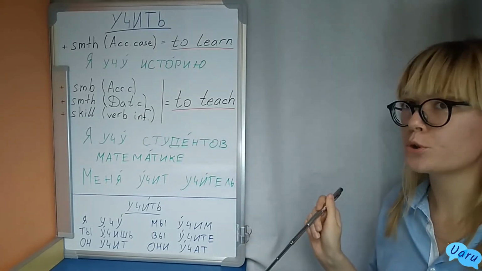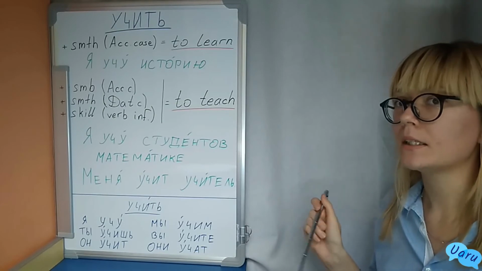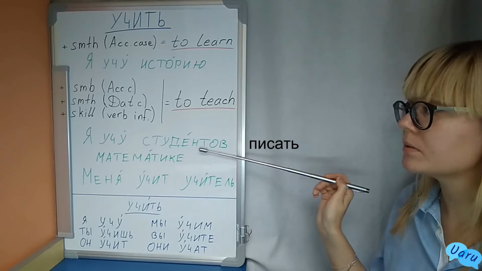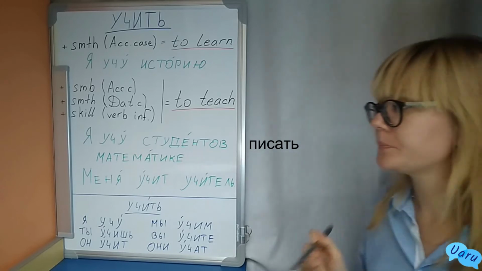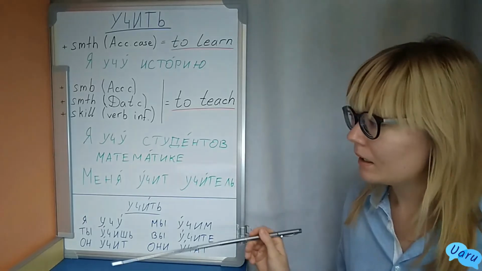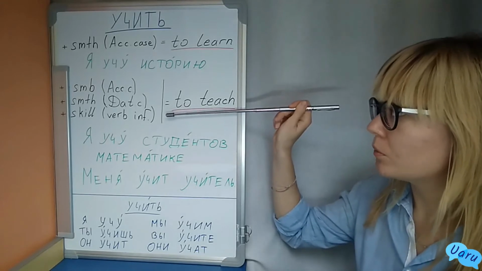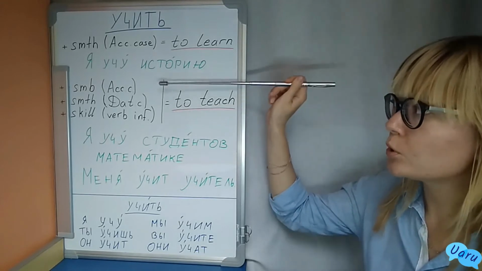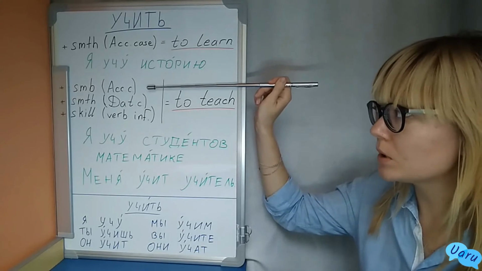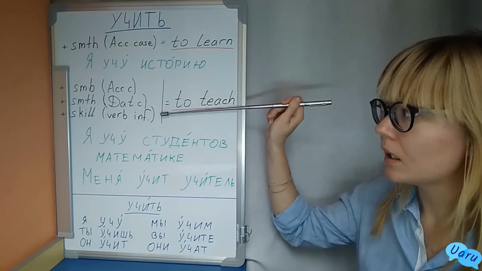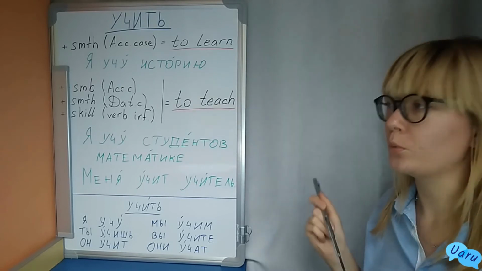Я учу писать. Я учу читать. Я учу студентов писать, to write. So, учить in the meaning of to teach, we use with student in accusative case, with subject in dative or some skill in infinitive form of the verb.